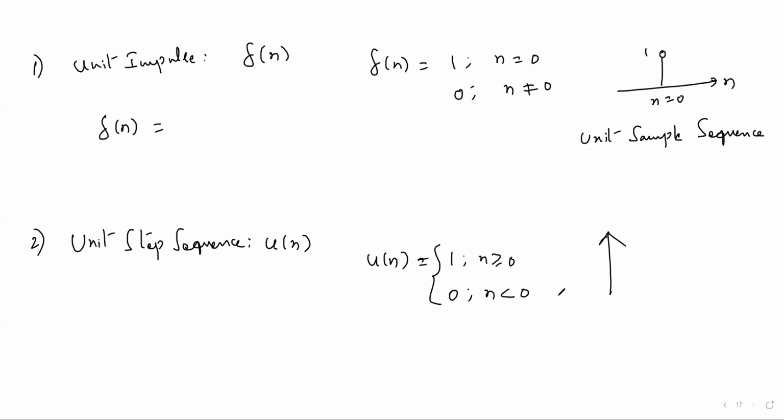Plot will be same, the discrete version of the corresponding analog signal. Here I will take u of n starting from origin 0, 1, 2, 3 and so on with amplitude 1. This is u of n. You can write del of n as u of n minus u of n minus 1 here.